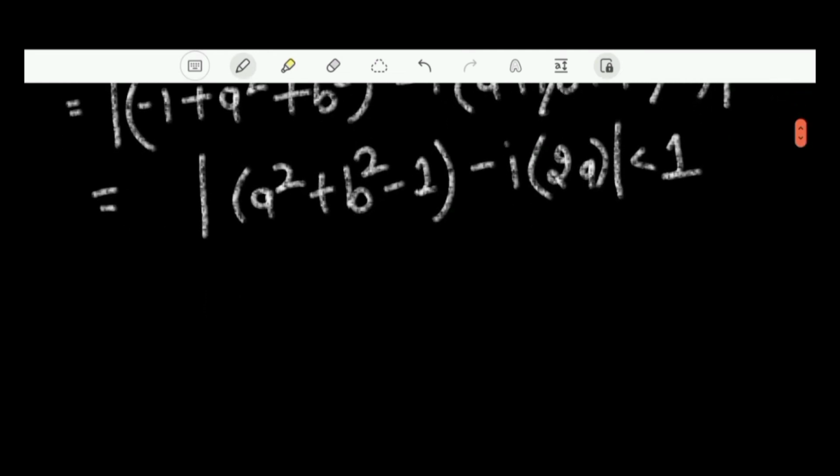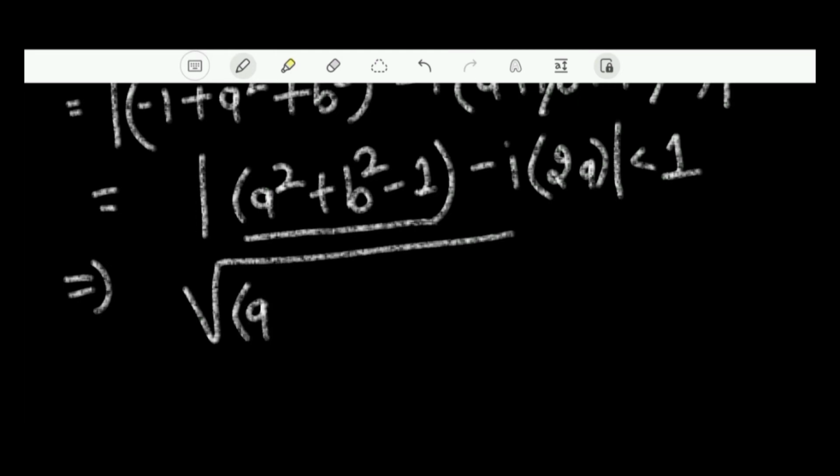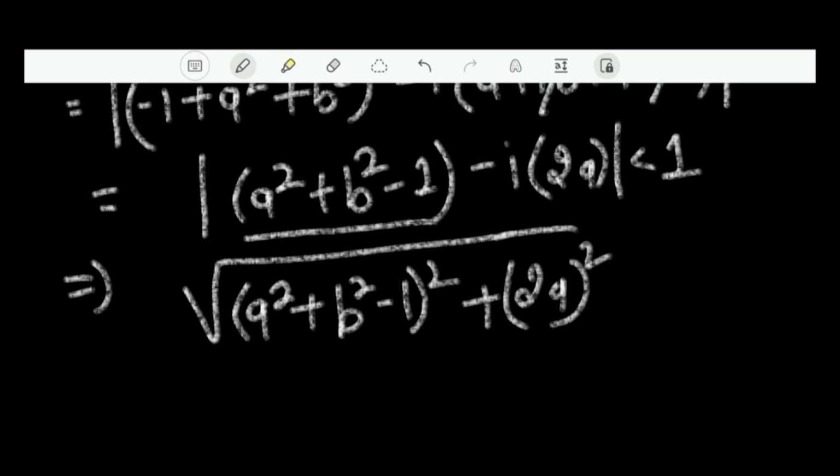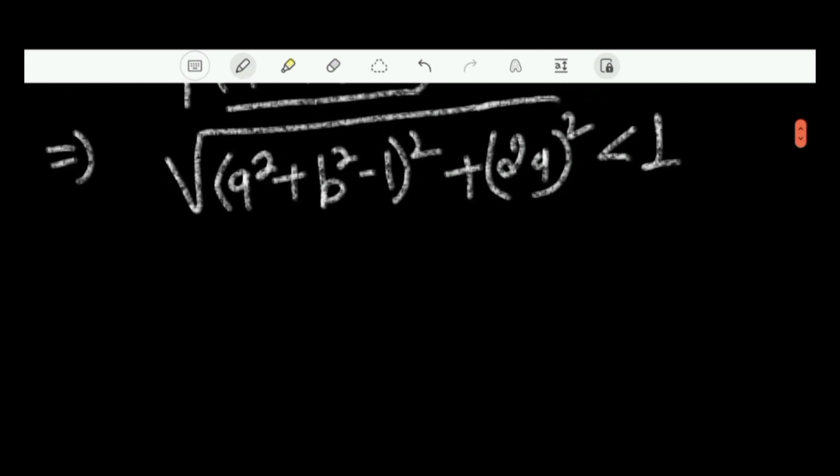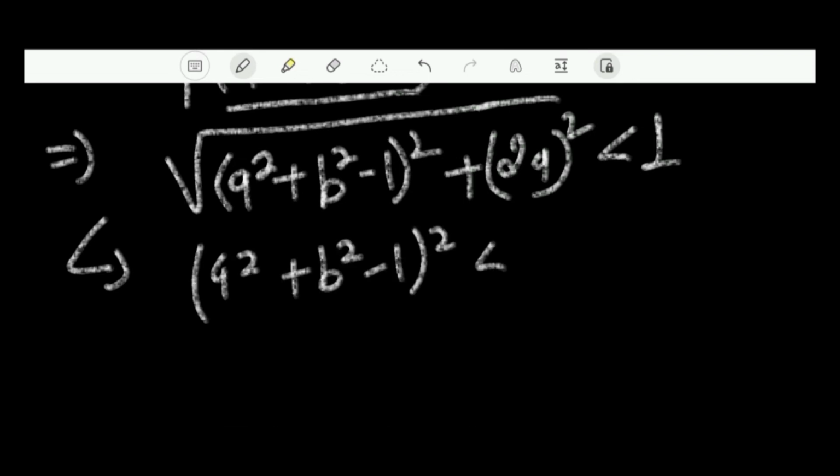And if we take the modulus of this, then we can say that the square root of a square plus b square minus 1 whole square plus 2a whole square is less than 1. And if you solve this inequality, you can simply obtain the result that a square plus b square minus 1 whole square is less than 1 minus 4a square.